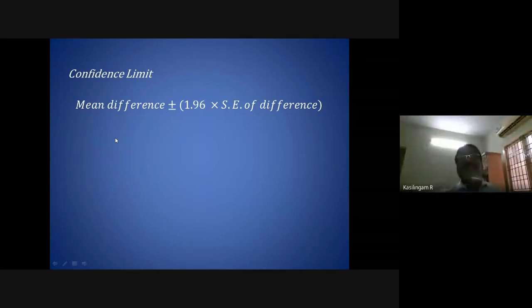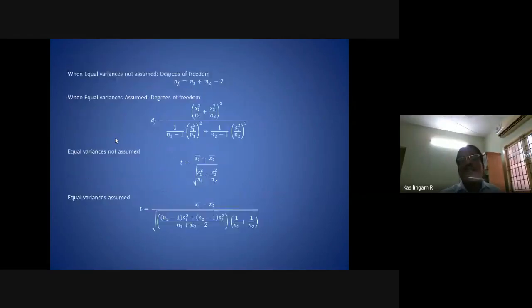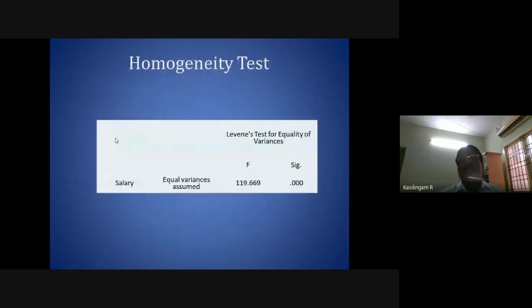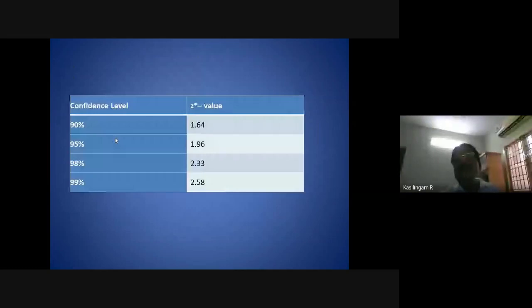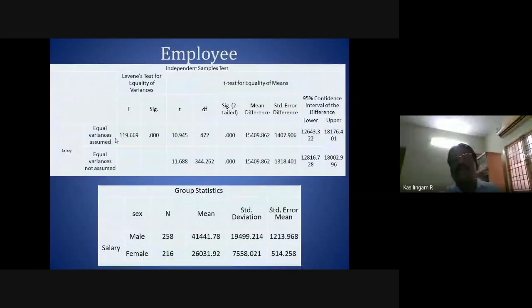So by using this formula, we find the lower level and the upper level reported here. So the lower bound level and upper bound level are reported here.